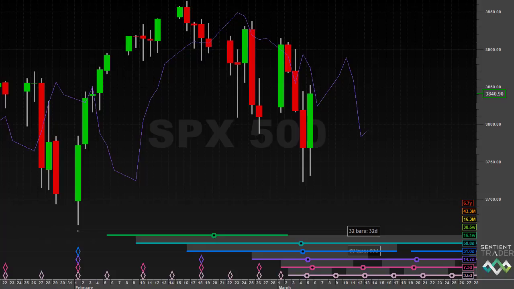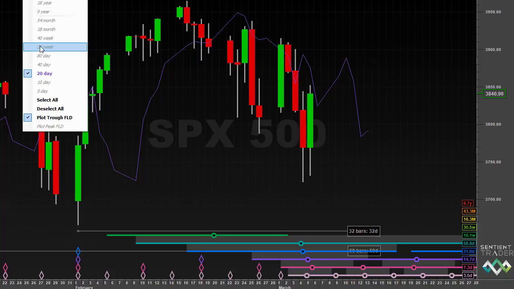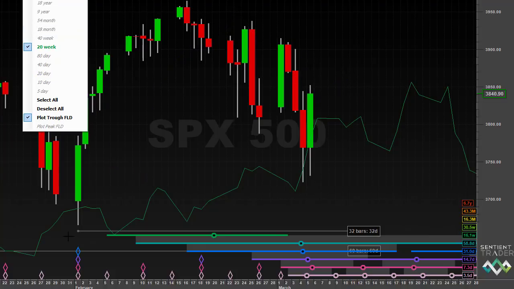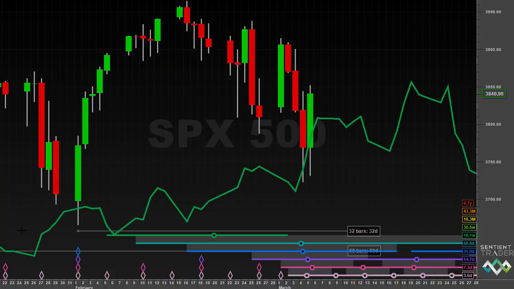Okay, so let's display the 20-week cycle FLD. And there it is on the chart. And isn't that interesting? Because you can see that this potential 20-week cycle trough actually formed at the level of the 20-week FLD.